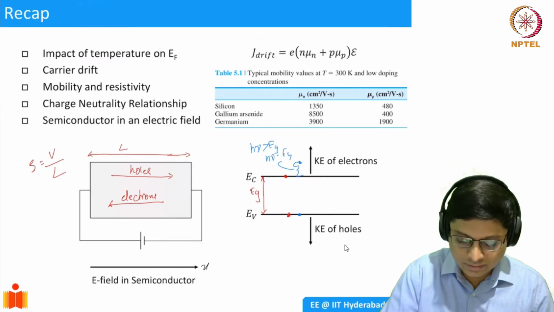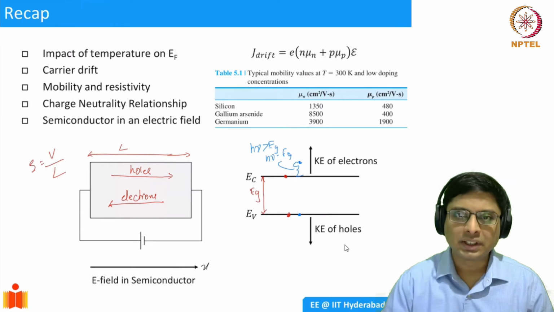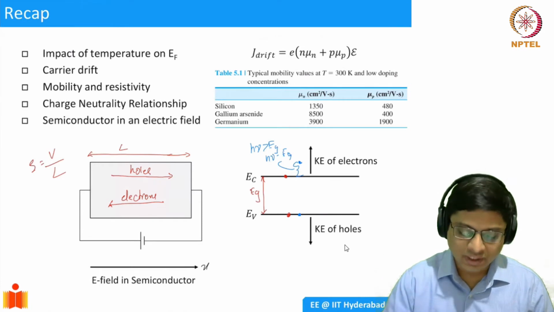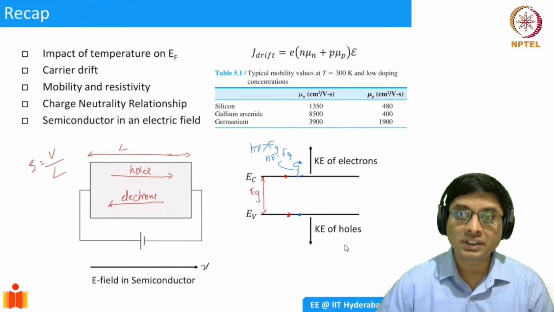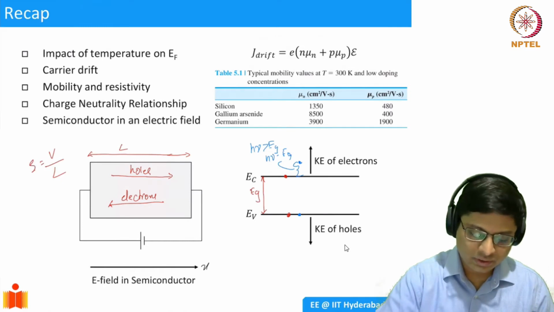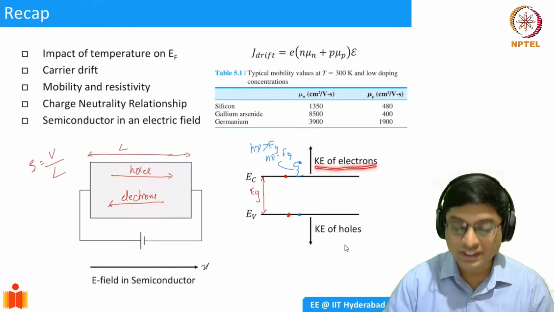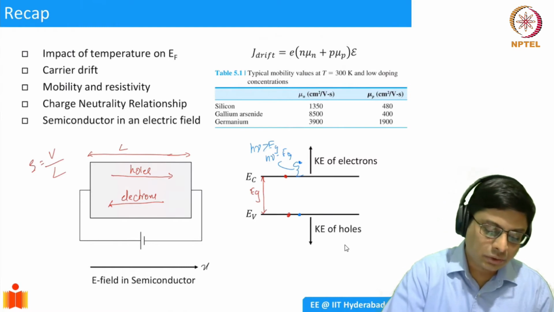The Eg amount of energy is consumed to break the bond, and the additional energy is transferred as kinetic energy. So the electron starts moving. So whenever an electron moves in a band, we showed that the kinetic energy is essentially proportional to the distance from the EC. So that's why we are writing here that as you go away from the EC, the kinetic energy of electrons increases.